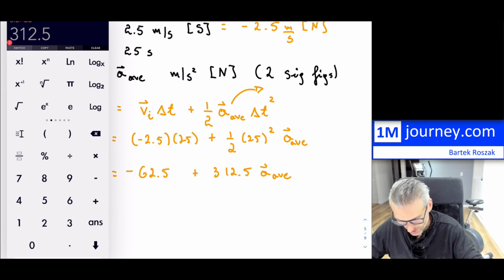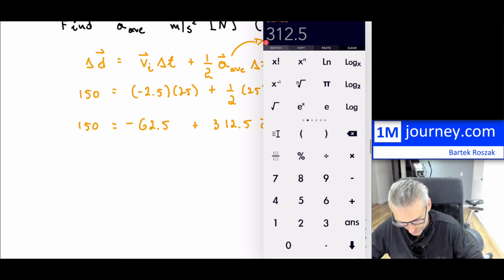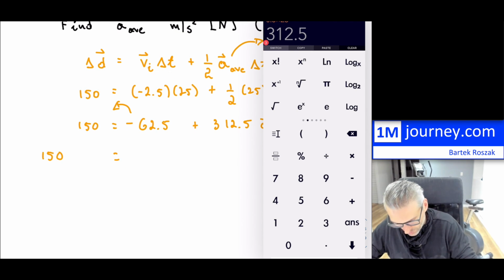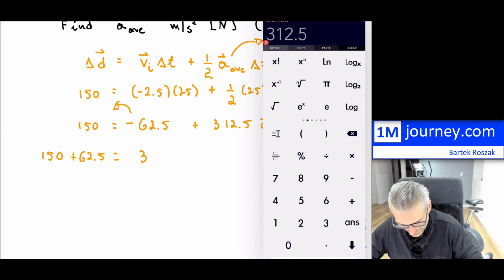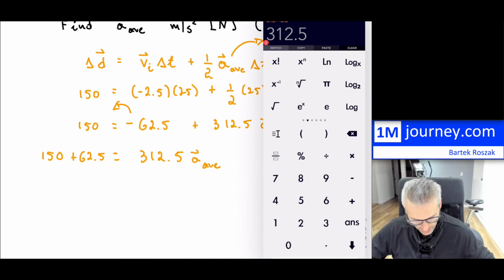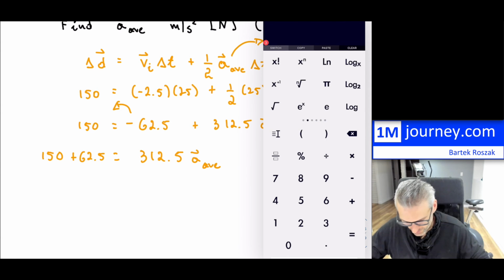All right, so there you go. Now let's shift things around. Let's bring this over to the other side. 150 plus 62.5, and the acceleration term is 312.5. So what does this give me?